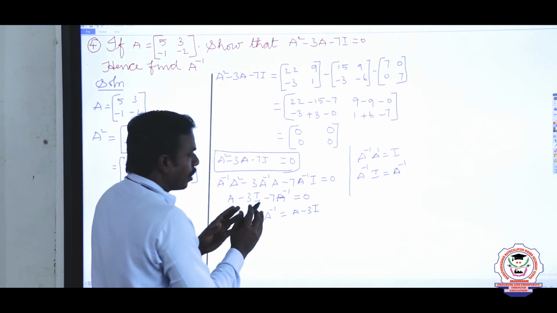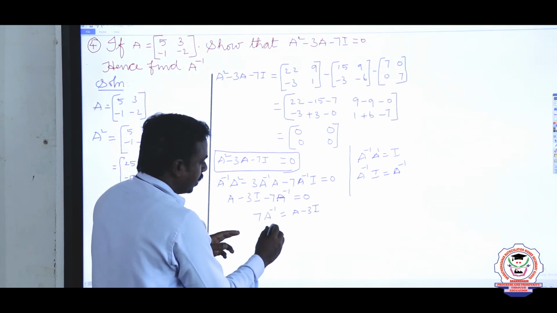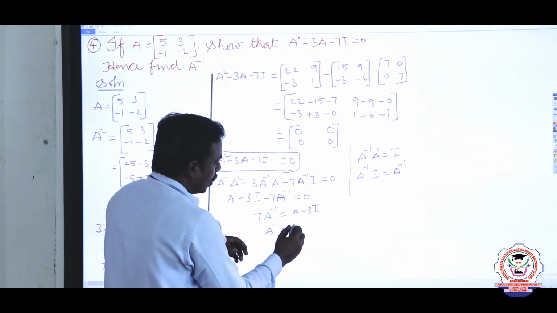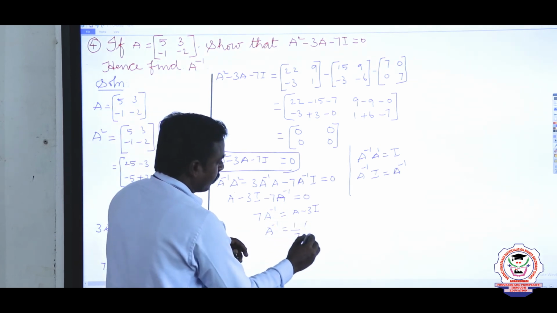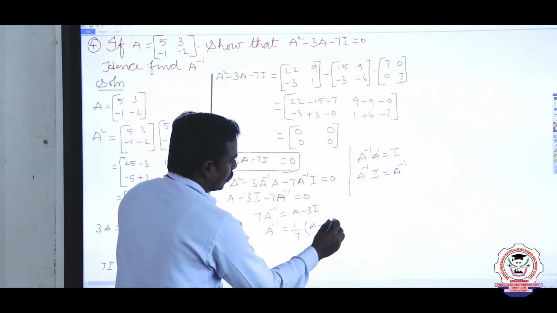We need to find only A inverse, so keep A inverse on the left-hand side. The 7 taken to the right-hand side comes in the denominator. So A inverse equals 1 by 7 into (A minus 3I).